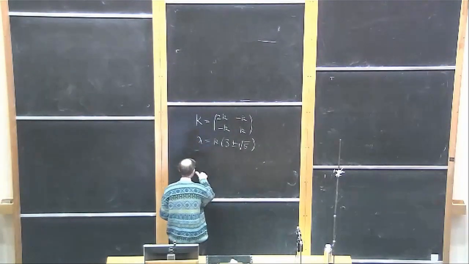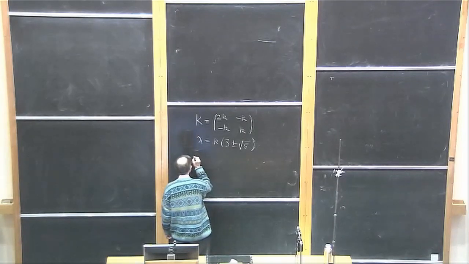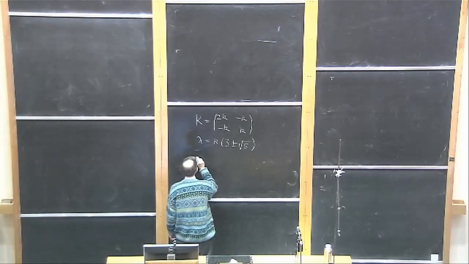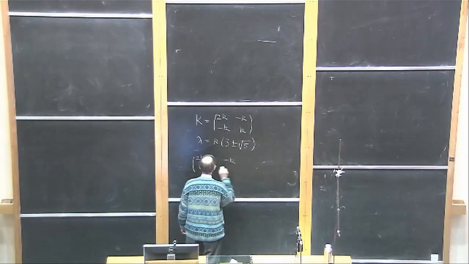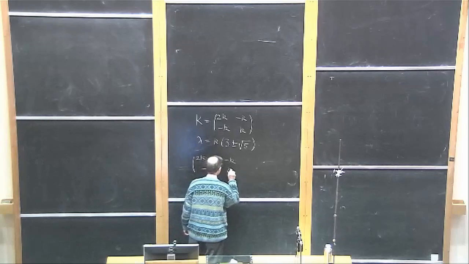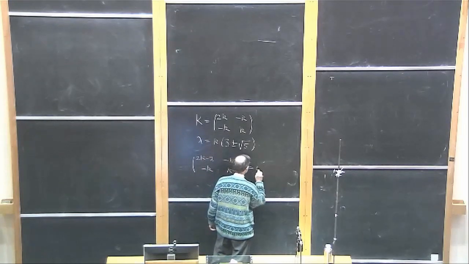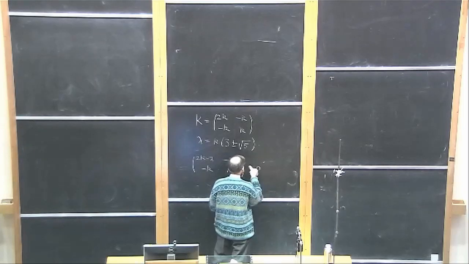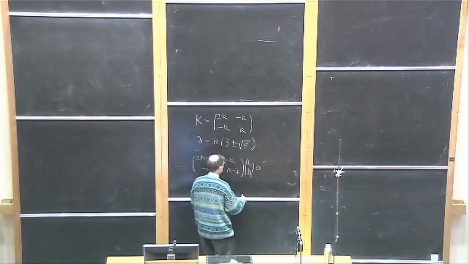So the eigenvalue equation looks something like this. 2k minus lambda, minus k, minus k, k minus lambda, equals naught, times the vector A, B, equals naught.